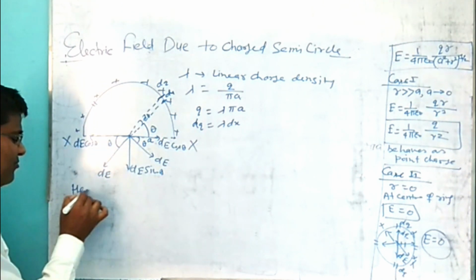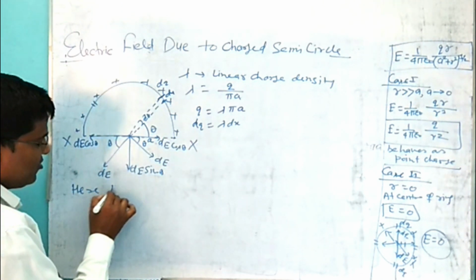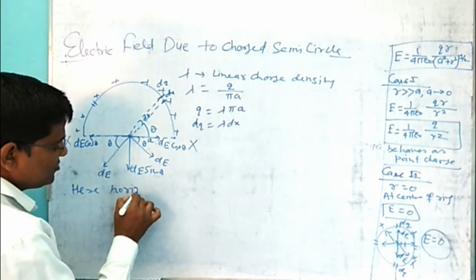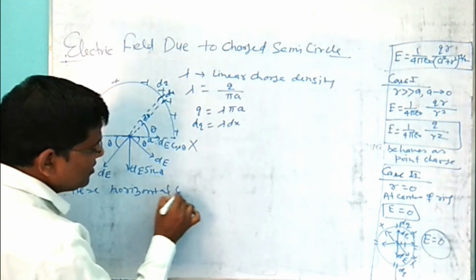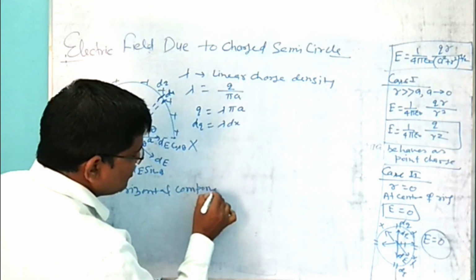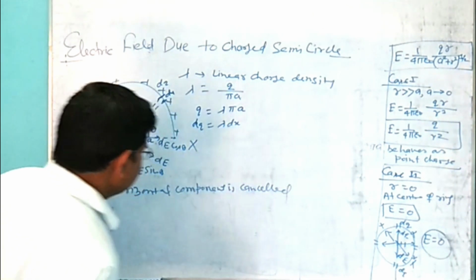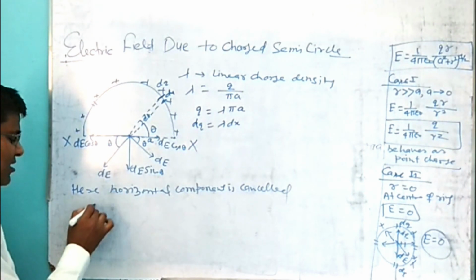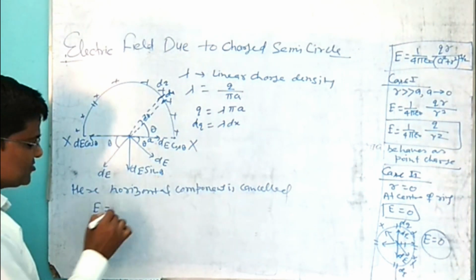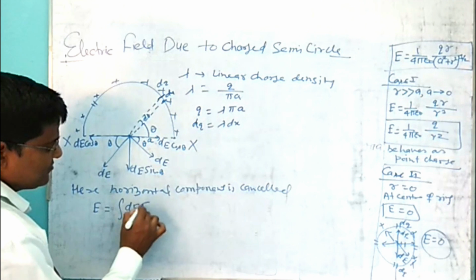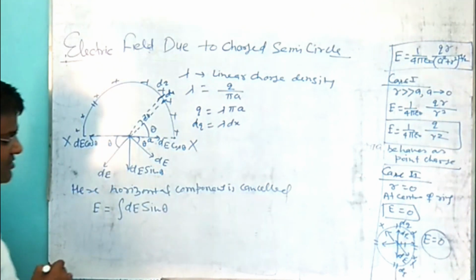Here the horizontal components are cancelled out, and the vertical component is responsible for the net electric field: dE sin theta.